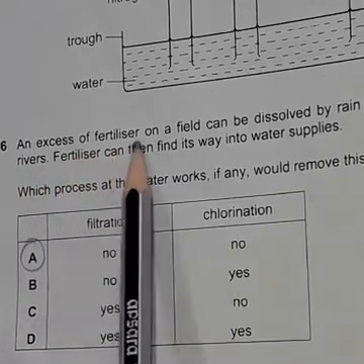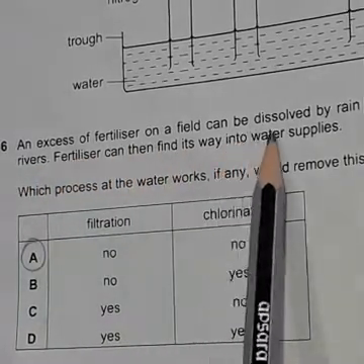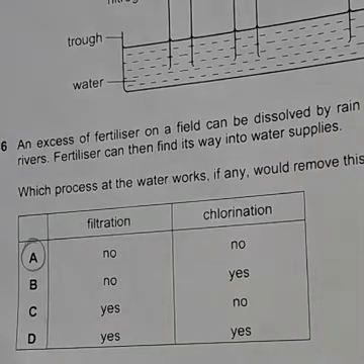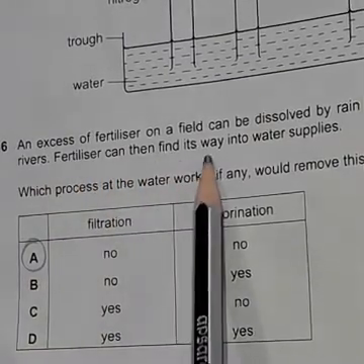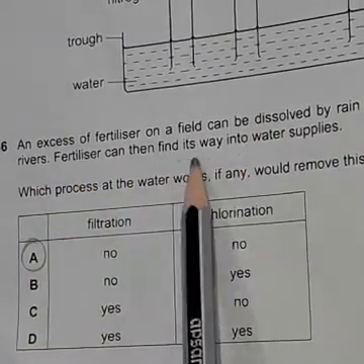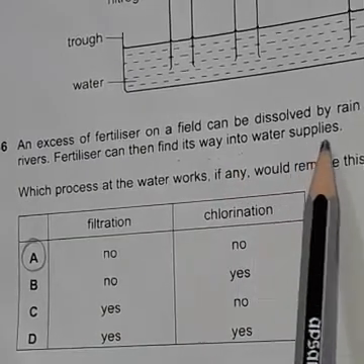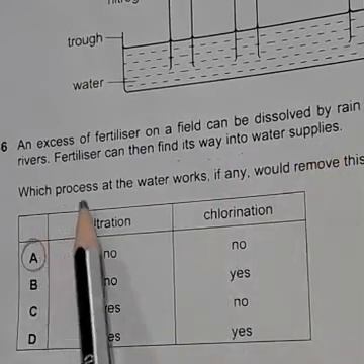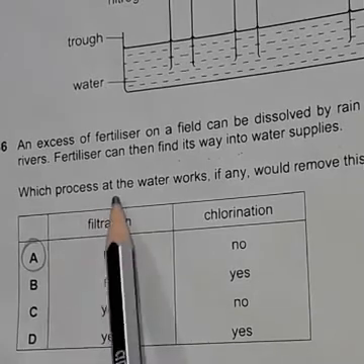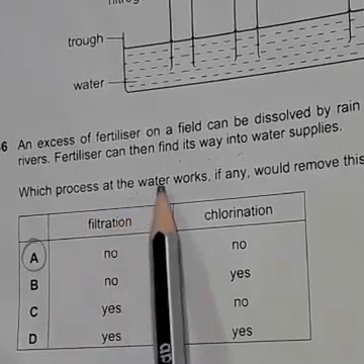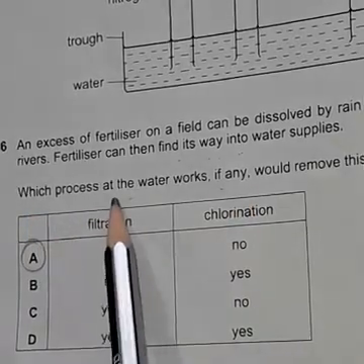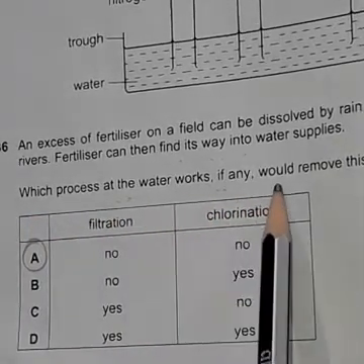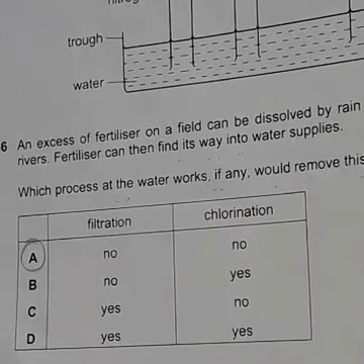An excess of fertilizer on a field can be dissolved by rainwater and washed into streams and rivers. Fertilizers can then find their way into water supplies. Which process at the water works, if any, would remove this fertilizer?